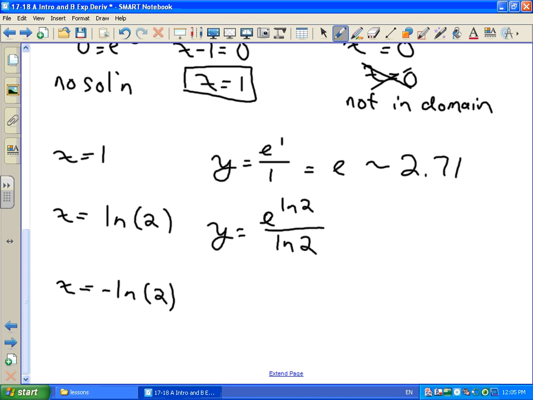E to the ln 2 is just going to be 2 over ln 2, because we have an exponent and a logarithm with the same base, so they sort of cancel each other out. And 2 over ln 2 is about 2.88.